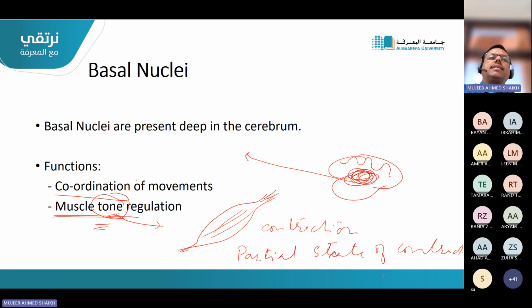If this muscle is completely relaxed, it will become like a ball and come down here. If it remains in a contracted state to some degree, it will give the proper shape to the muscle.